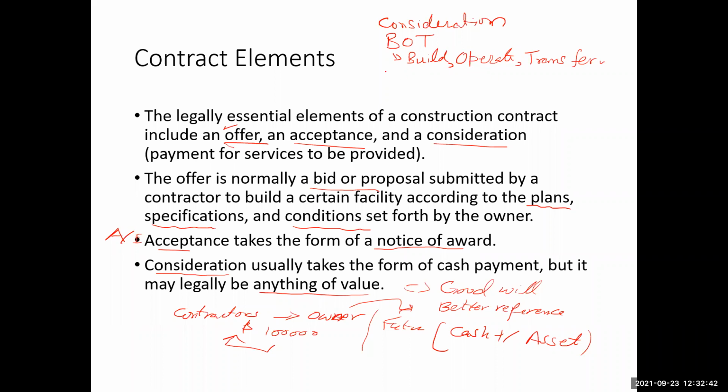So for example, a tolled highway. The government will say that this contractor, a very reputable international construction company, will come here and build maybe a 500-kilometer long highway.